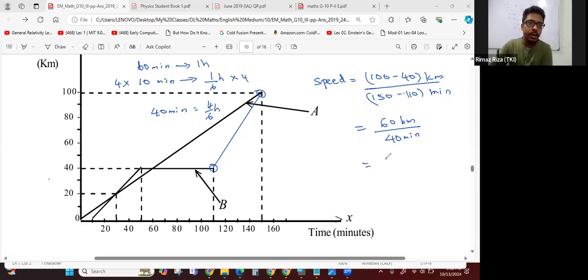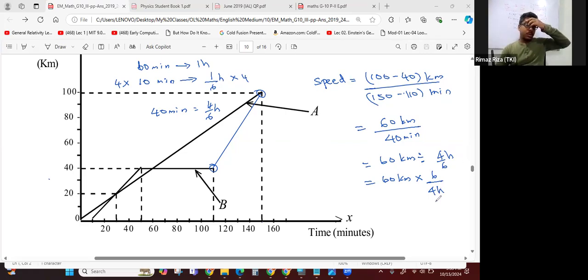So the speed is 60 kilometers divided by 4 over 6 hour. We know when we take the reciprocal, division becomes multiplication. 60 kilometers times 6 over 4 hours.